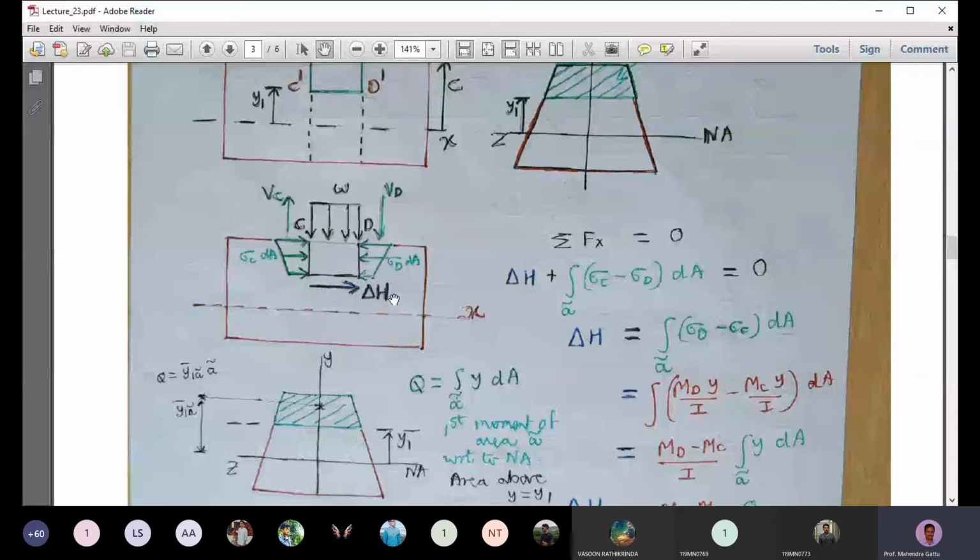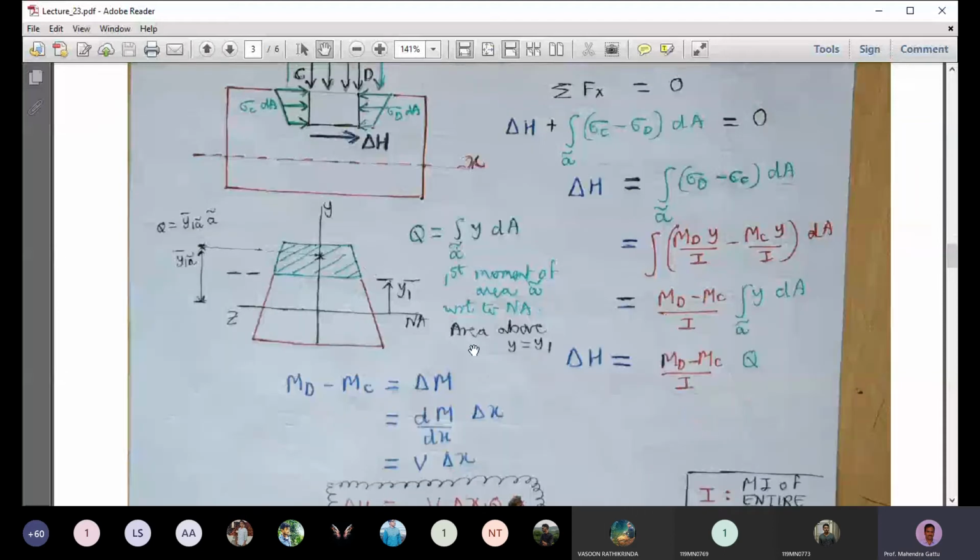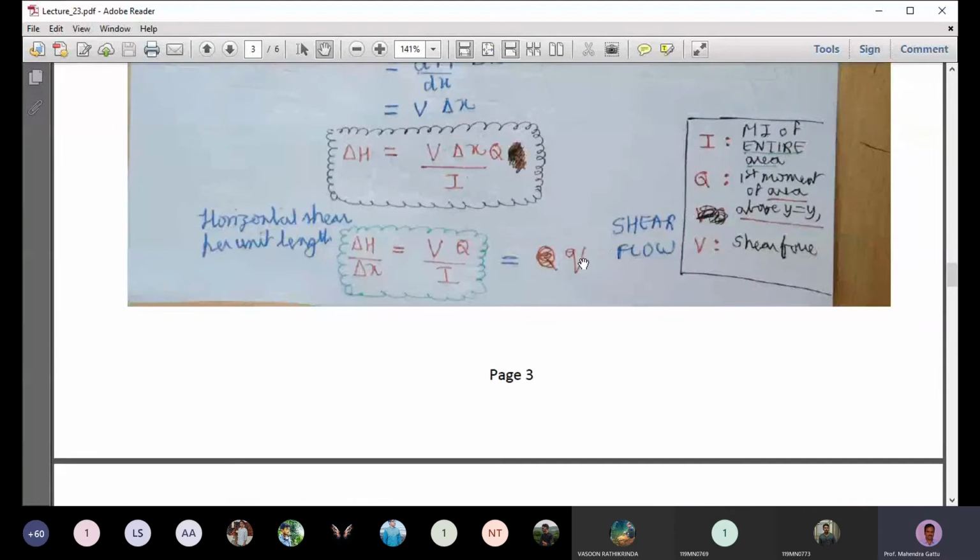So that shear flow is small q, and that small q is dependent on the applied shear V and also on the Q value and also on the total moment of inertia I. So that is what we have done in this derivation. We have defined what is shear flow, which is the horizontal shear per unit length. So when you say horizontal shear, it is the shear acting in the longitudinal direction on that surface located at y equal to y1 above the neutral axis.